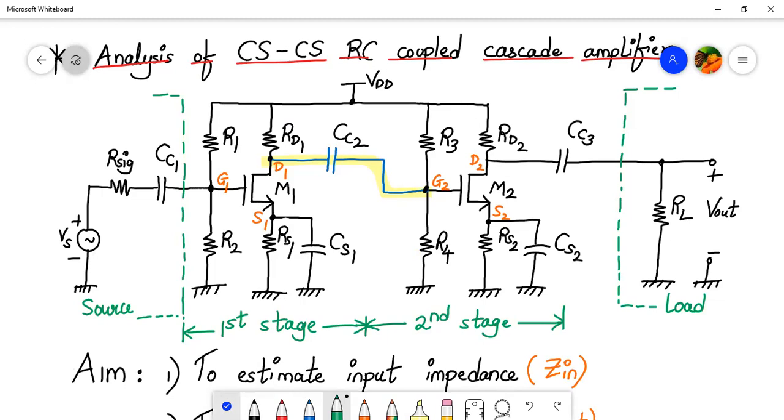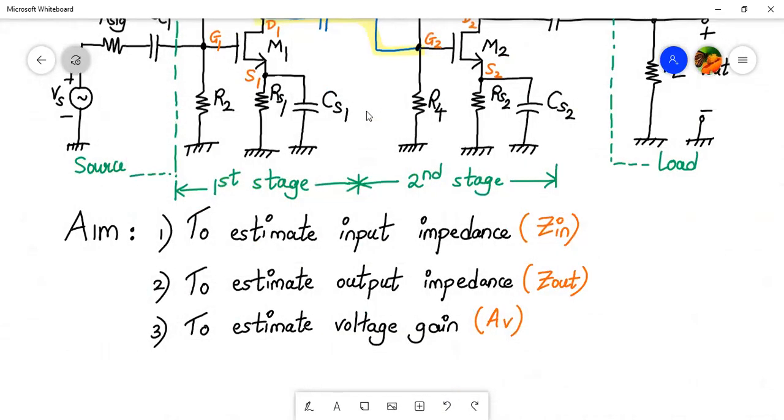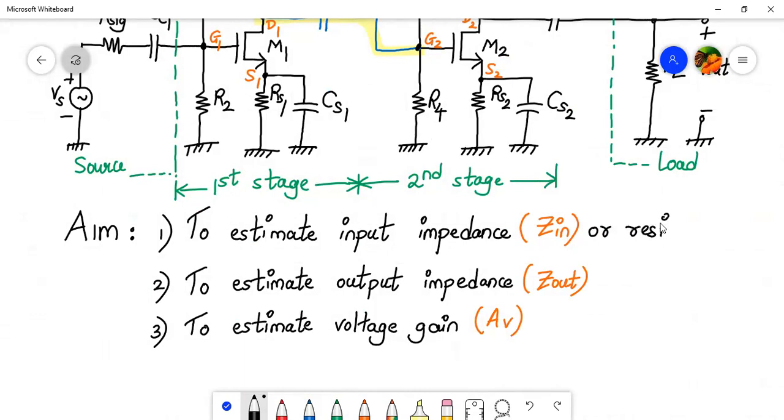Now, what is the aim of this analysis? We are doing this analysis to estimate the input impedance, also called resistance, which we can denote by Rin.